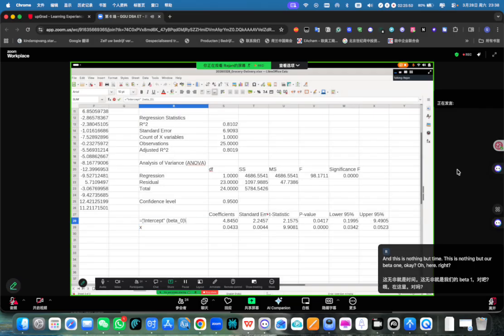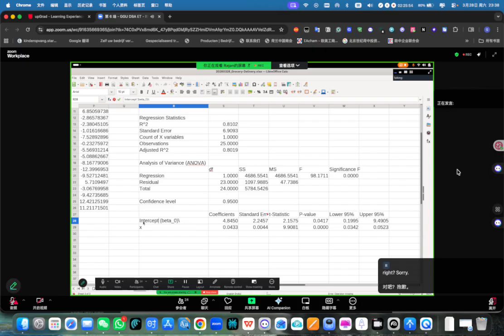Here, it says X, which I'll call beta 1. You can see that the value is 0.0433.